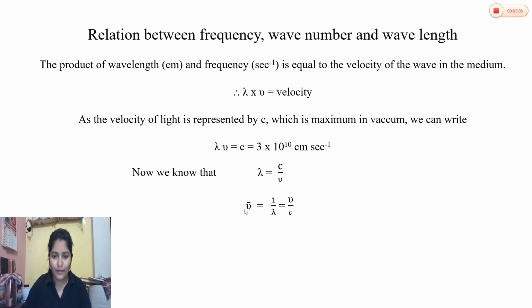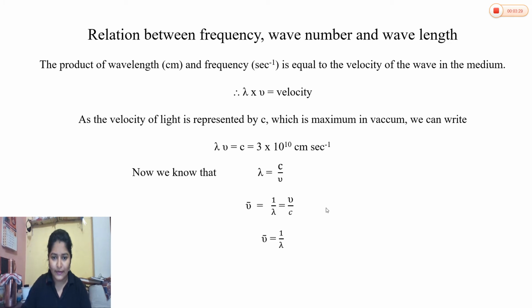So wave number mu bar is inversely proportional to the wavelength, and wavelength is equal to c upon mu. So this value of lambda is put in here. The ratio will form in reverse, mu upon c, because it is a reciprocal.